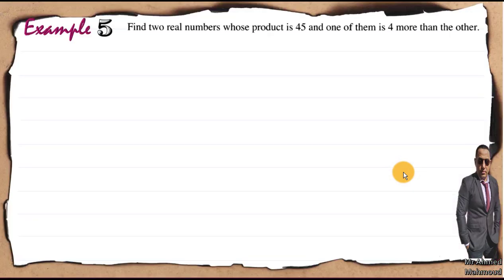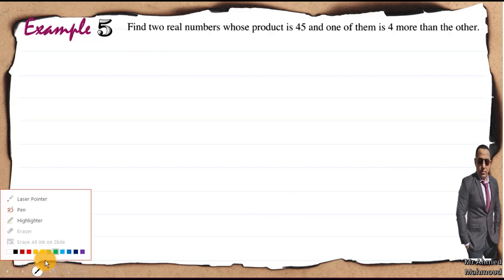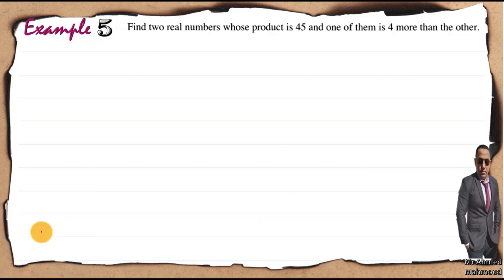Find two real numbers. Again, find two real numbers. Okay, because I have two real numbers, so I have first and second. Their product is 45 and one of them is 4 more than the other.